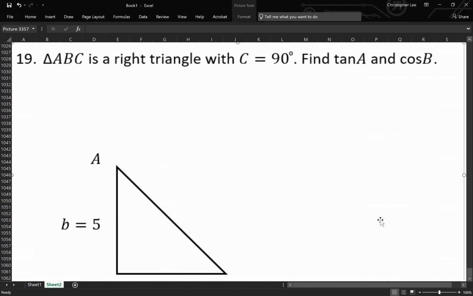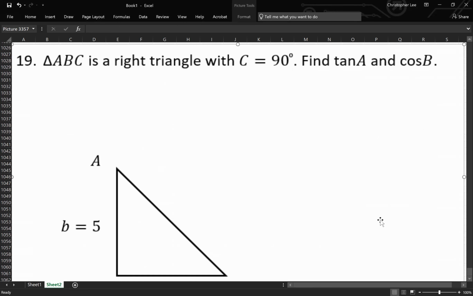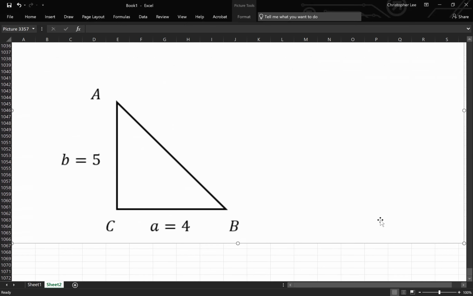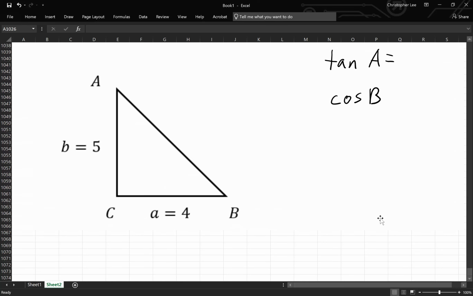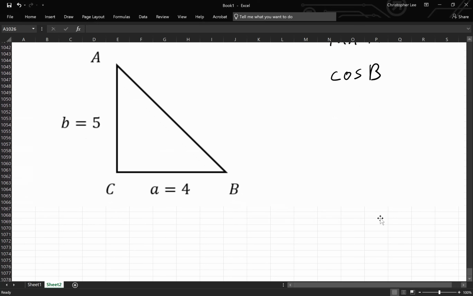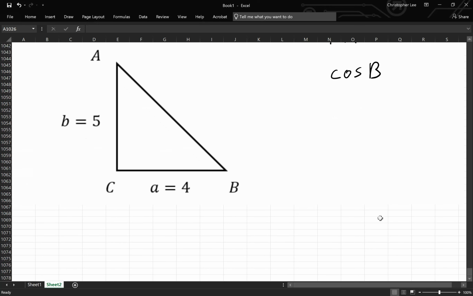So I have a right triangle ABC, and I want to find what is tan of A and cosine of B. I'm gonna write that over here: tan of A and cosine of B. So here's this triangle right here, ABC.